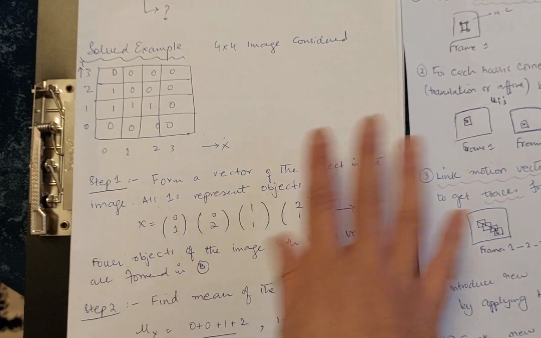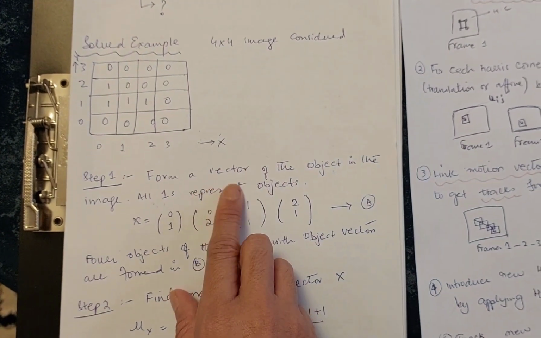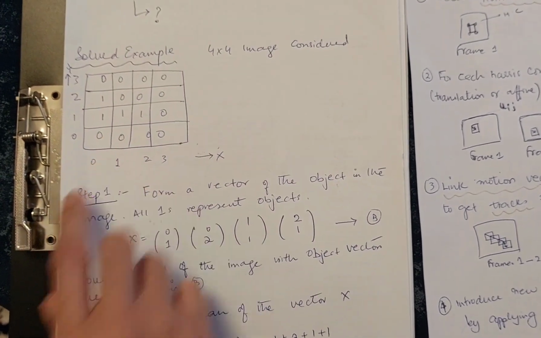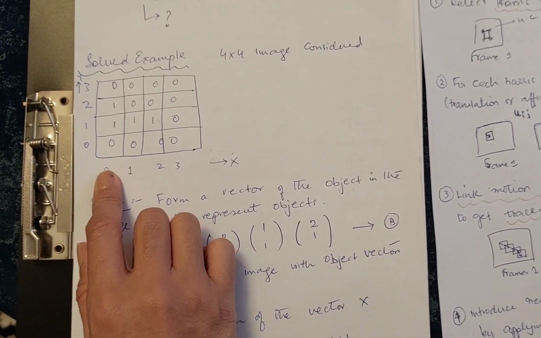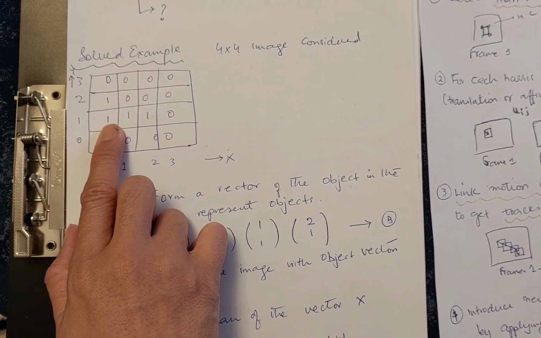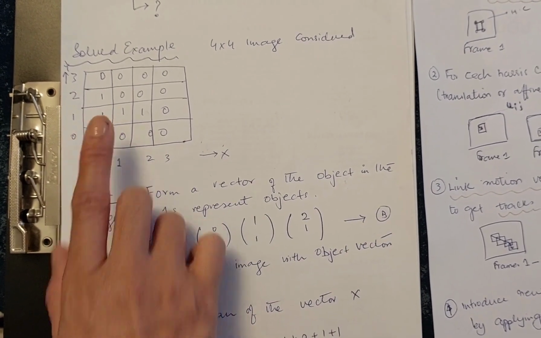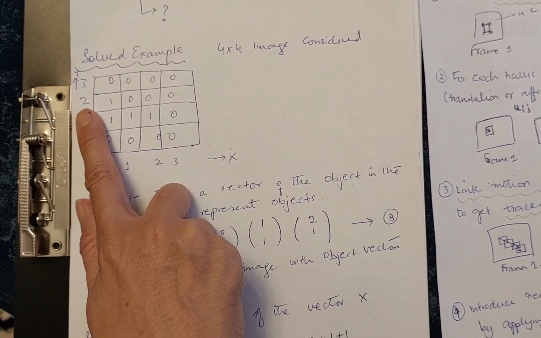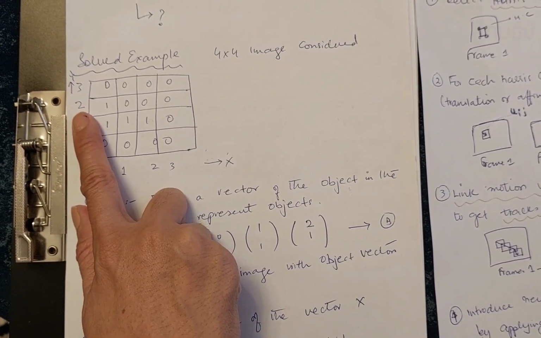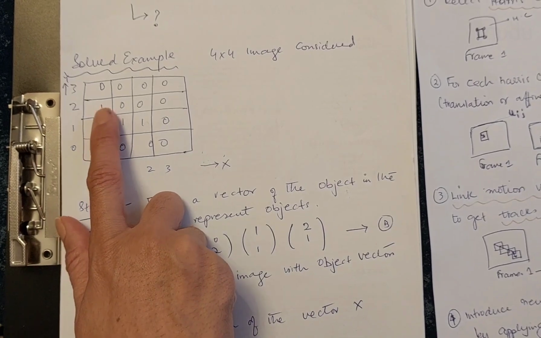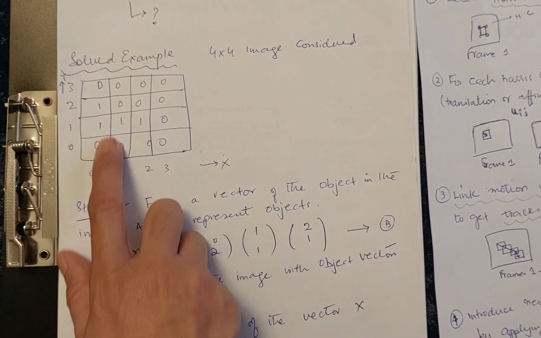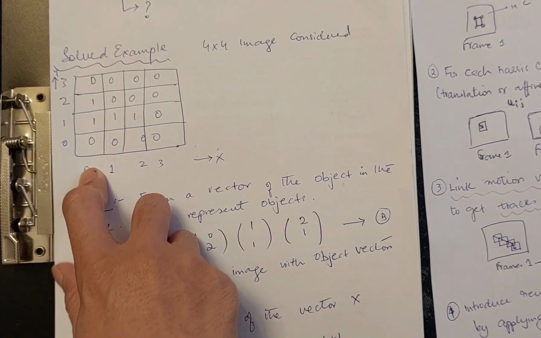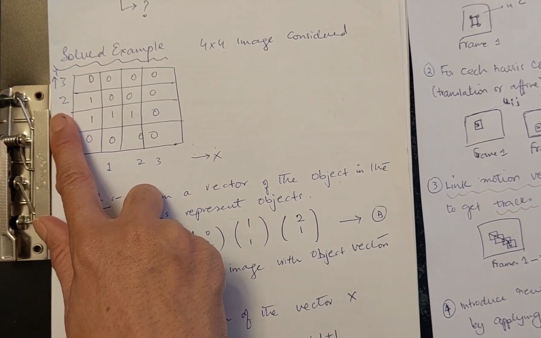You have to form a vector of the objects in the image. So for this one it is (0, 1), so this is the motion vector of this object. For this one it is (0, 2), the motion vector which has an x coordinate equal to 0 and a y coordinate equal to 2.